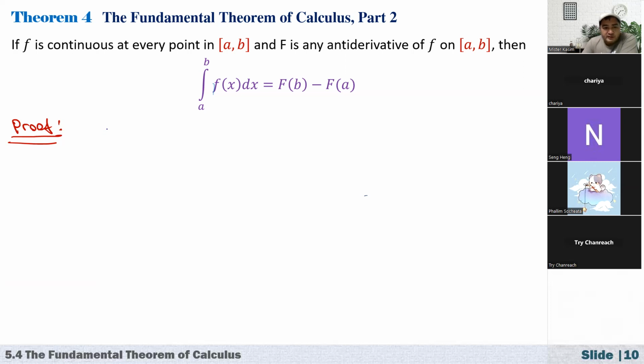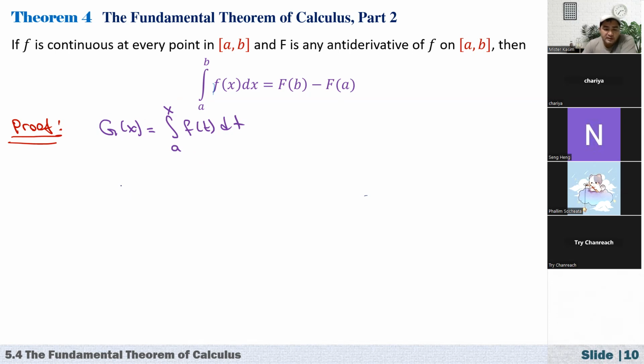Now suppose that g(x) is equal to the integral from a to x of f(t) dt. Because the fundamental theorem part 1 says that if f is continuous at every point in [a, b], then this g is differentiable, and actually this means that this integral is equal to g(x).